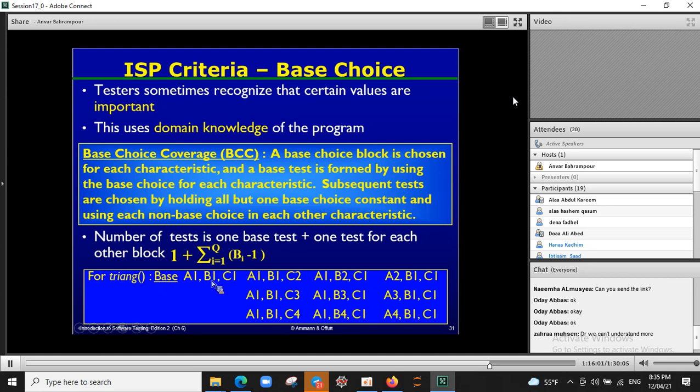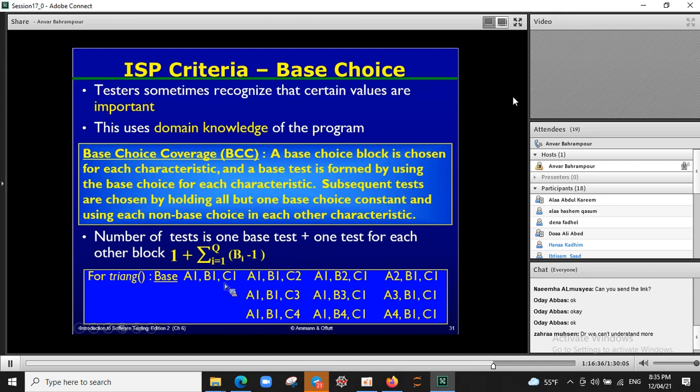And we could have 3 extra tests in which the second characteristic has a different choice from different blocks: one from B2, one from B3, one from B4. In this column, these 3 test cases are for changing the second characteristic.